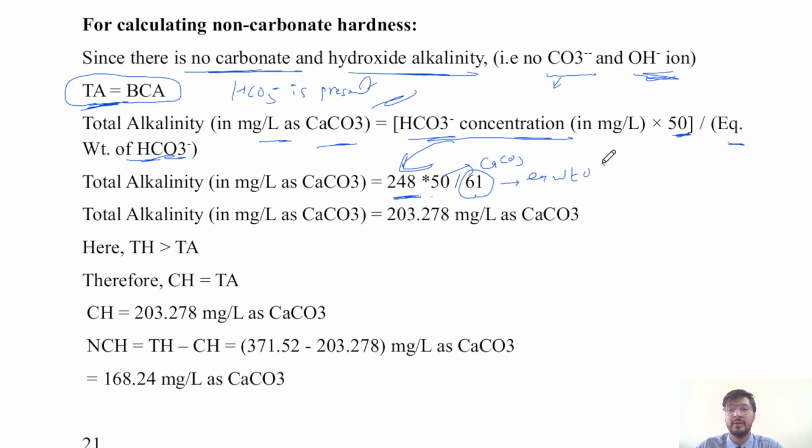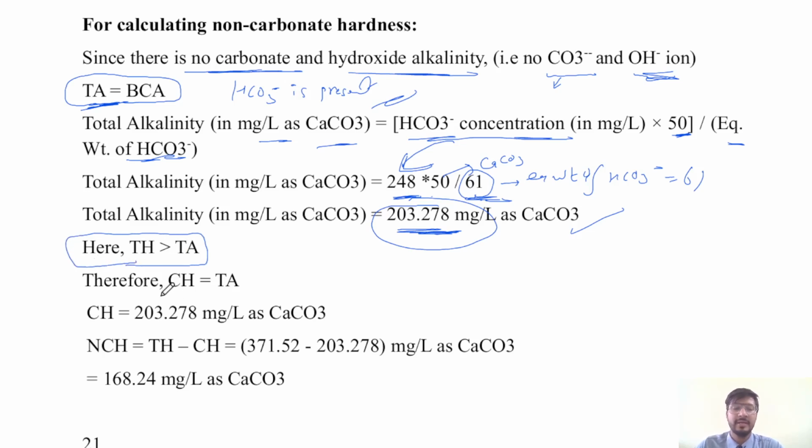The equivalent weight of HCO3 minus is 61. So from this, total alkalinity is equal to 203.278 milligram per liter as CaCO3. Here, if we compare the total hardness and total alkalinity, total hardness is greater than total alkalinity.